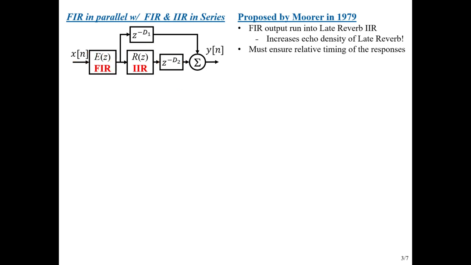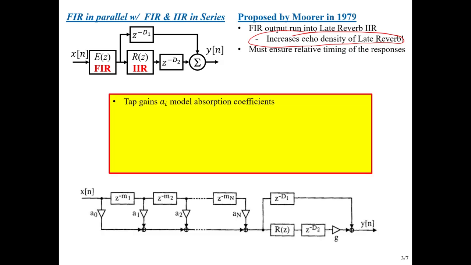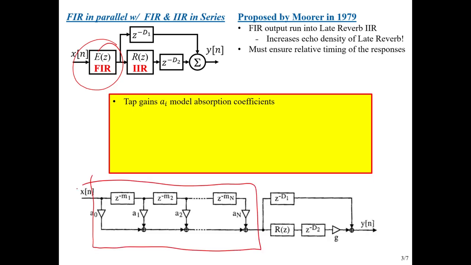So the actual end-to-end impulse response of that path is a sum of a bunch of different delayed versions of the impulse response of just the R of Z. And that is really nice. So that's why we say this is increasing the echo density of the late reverb. And that's really nice. So laying this out a little more explicitly, so this FIR would look like this part here.